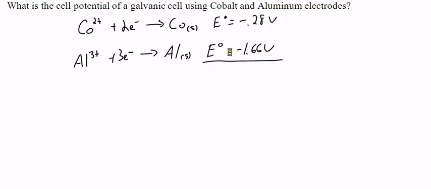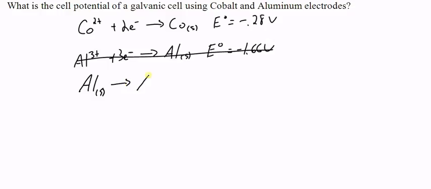And so, as we look at this, it looks like we're going to need to flip the aluminum reaction, because in so doing, we're going to get a half reaction that is Al goes to Al3+ plus 3 electrons, and now instead of that standard cell potential being negative 1.66 volts, it's going to be a positive 1.66 volts.